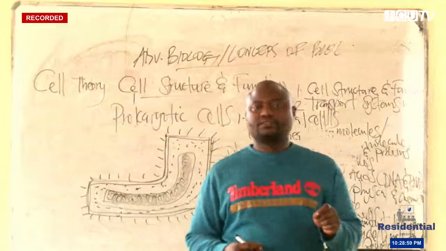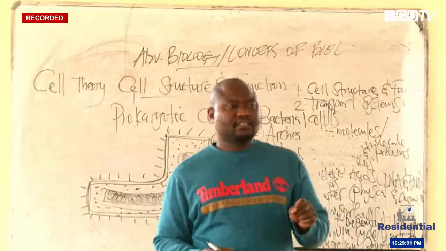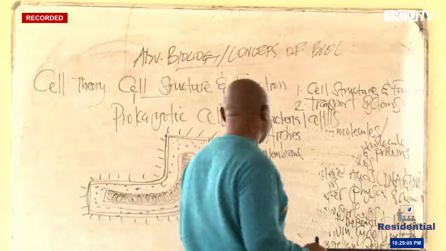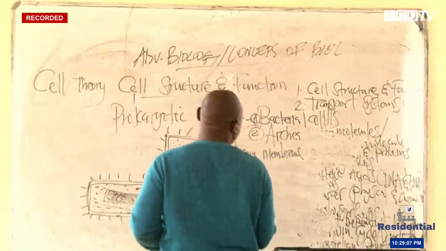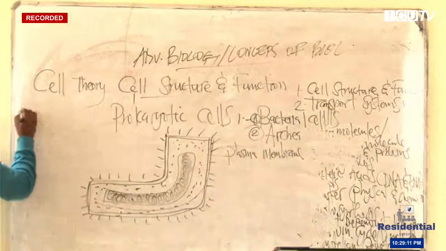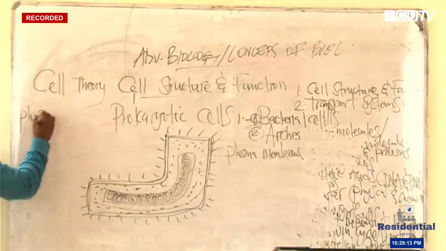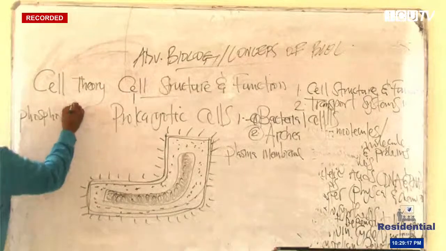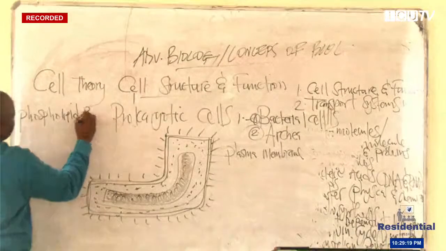And one thing that we need to understand is that this plasma membrane is made up of a phospholipid bilayer. I will write the spelling here in case you are wondering how to write a phospholipid bilayer.